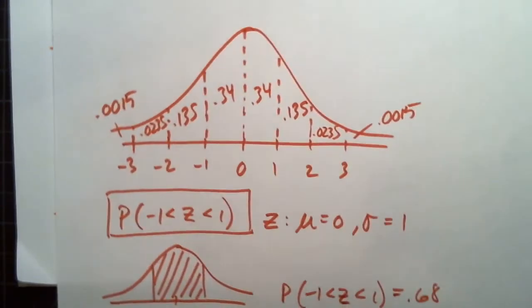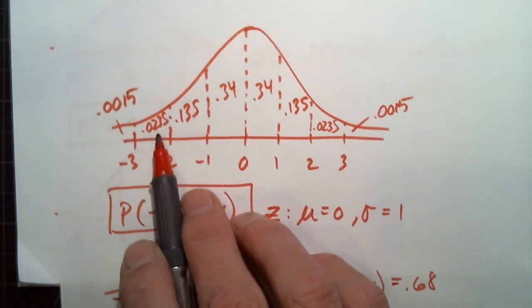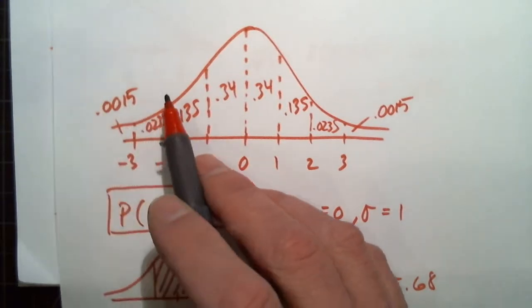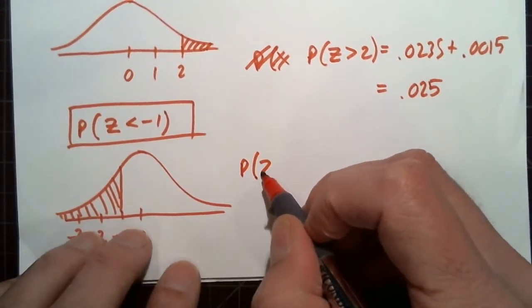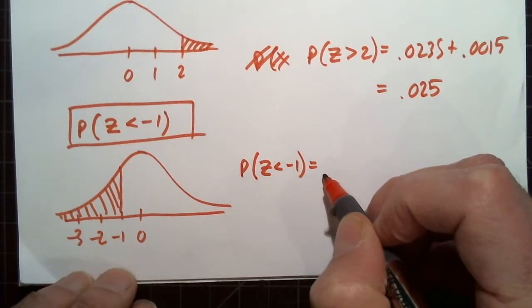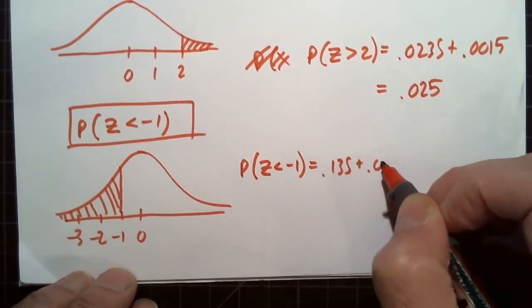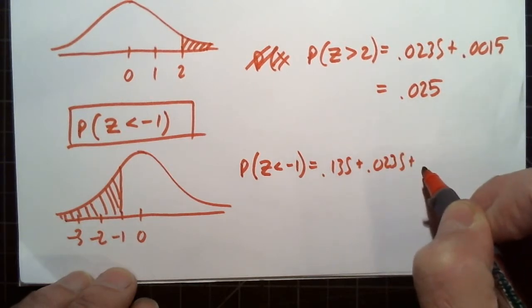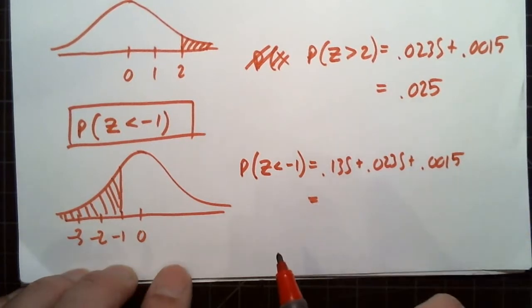To the left of -1: 0.135, 0.0235, 0.0015, and we get 0.16.